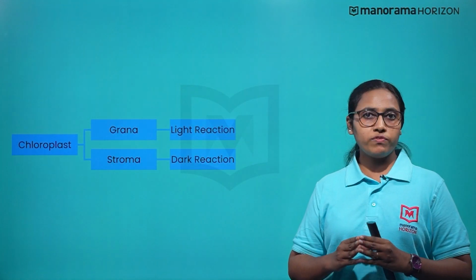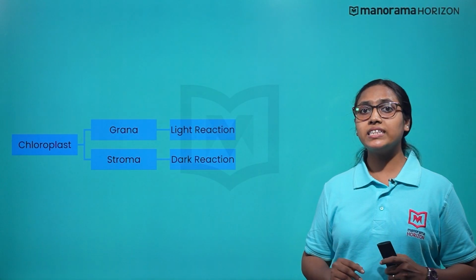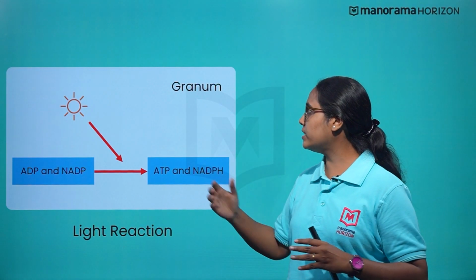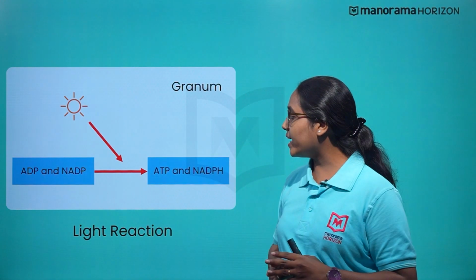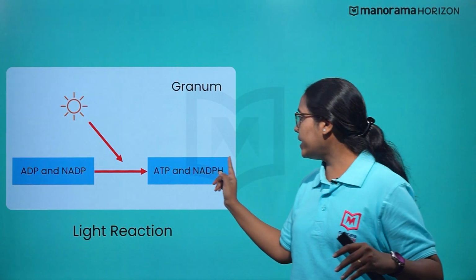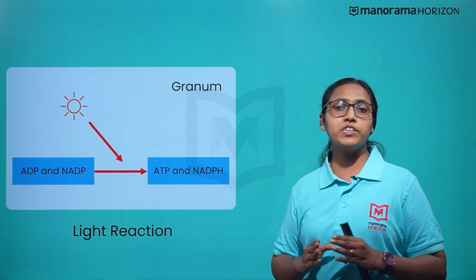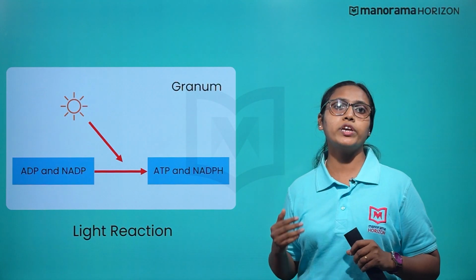The membrane of the grana helps to trap solar energy and synthesize ATP and NADPH. As you can see in this image, the granum traps solar energy and helps to synthesize ATP from ADP and NADPH from NADP. As this process is driven by light, it is called light reaction or photochemical reaction.